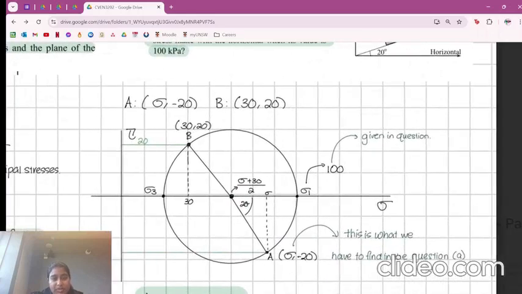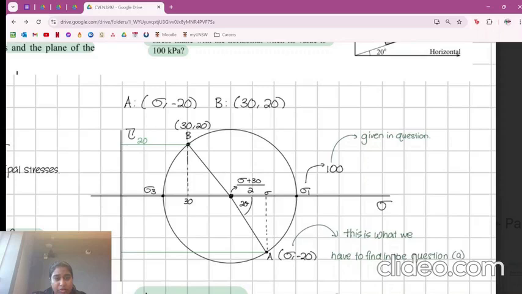The most important parts of Mohr circle are that you've got your vertical axis representative of your shear stress. Your horizontal axis is representative of your normal stress.